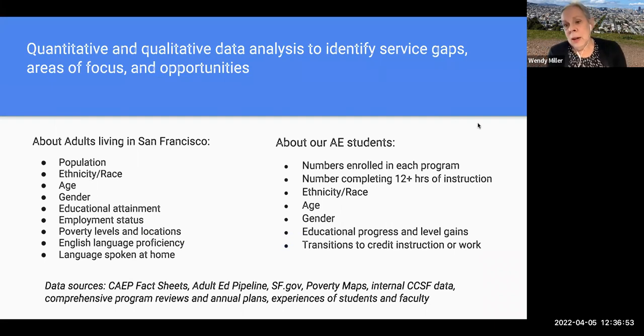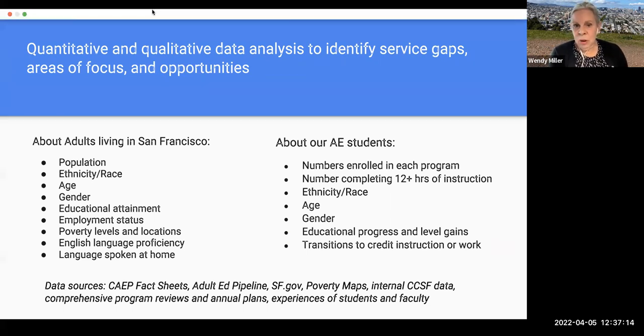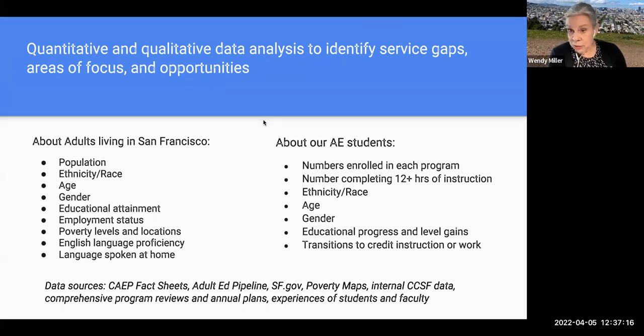So in all of these conversations, we talked about data analysis. And as Blair pointed out, and as we've all done, we were looking at the CAEP data sheets and looking at demographics and whatever. And we looked at all this data about who lives in San Francisco, about who City College of San Francisco's adult ed students are.